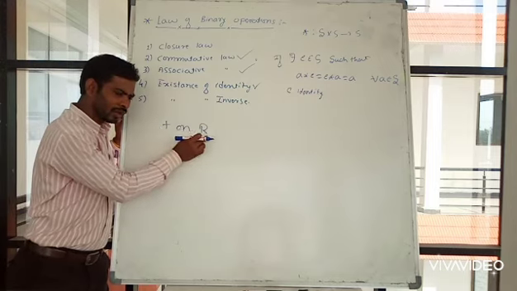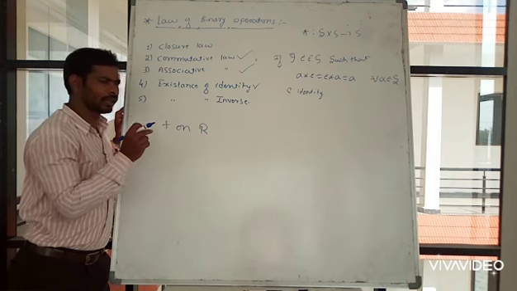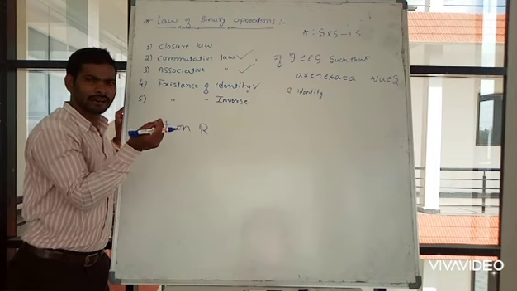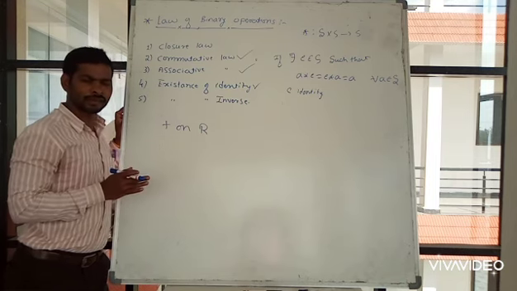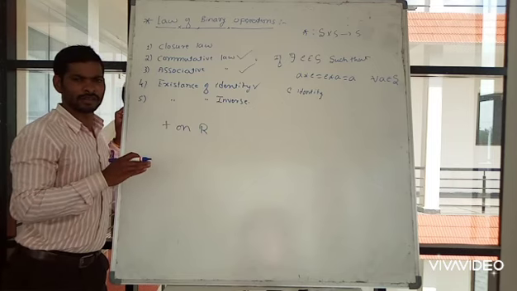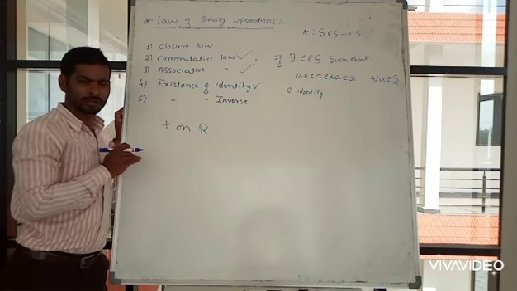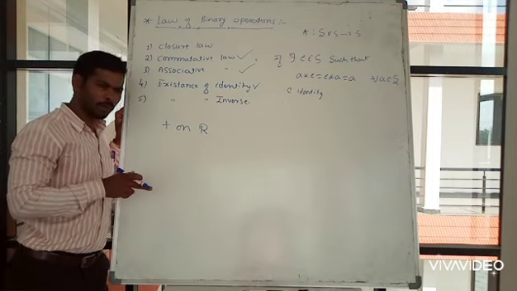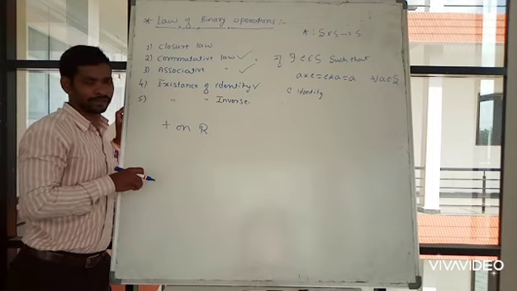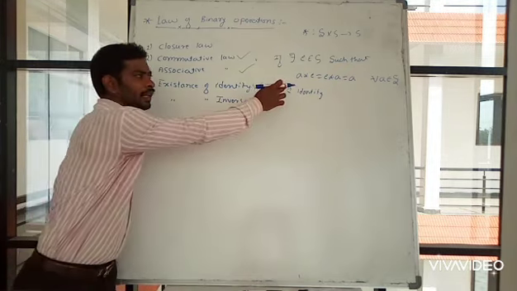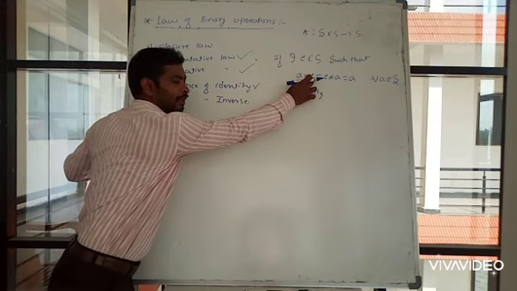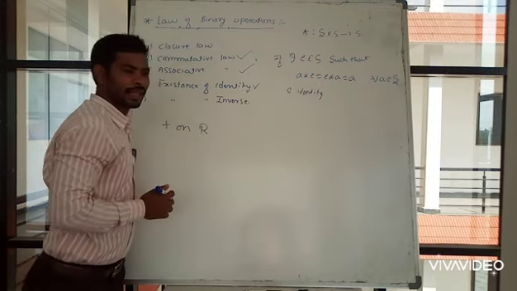See, in this one, I am going to search among the real numbers, which may be counting numbers, integers, rational numbers, or real numbers. Out of all these numbers, what is the element? So, what is the value of E such that A star E equals E star A equals A?